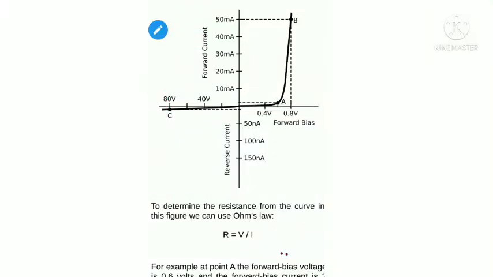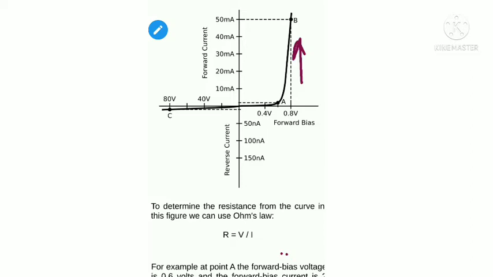Today we'll see the diode characteristics, how it shows in forward bias and in reverse bias. So always remember, in diode characteristics, the resistance decreases as the current increases, and this will appear in forward bias.